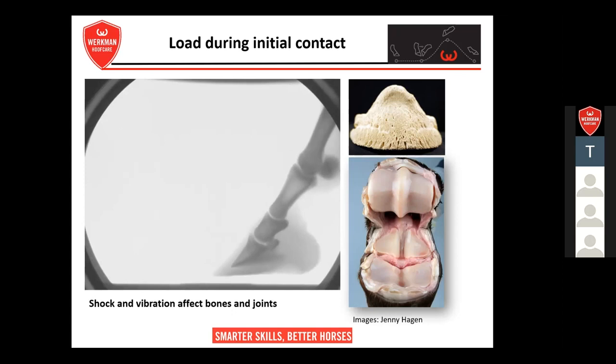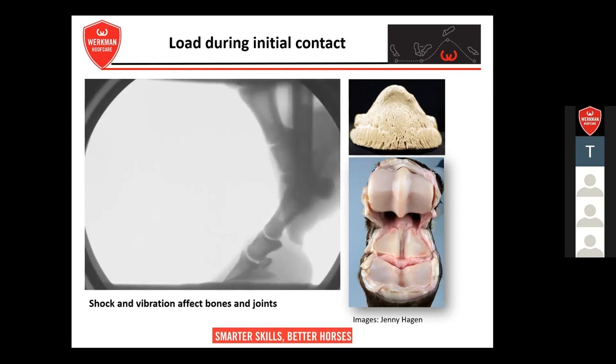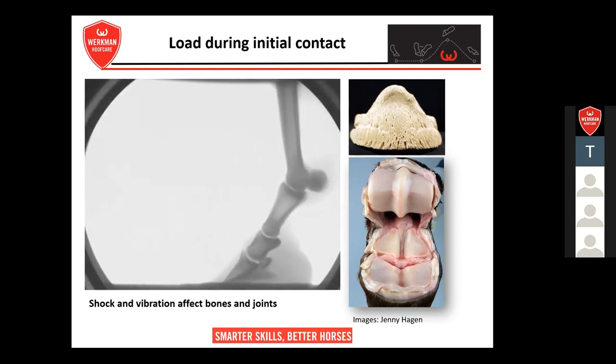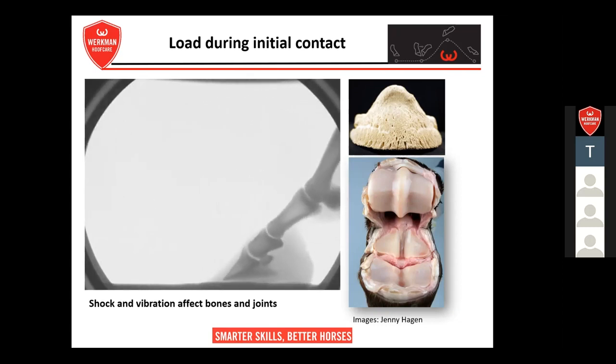And this is just because shock and vibrations due to the firm ground in the shod hoofs affect these joints and bones. For example, Guy knows it. He has a lot of horses working on firm surfaces in Jerusalem. So definitely these horses have a high load due to shock and vibration affecting bones and joints.